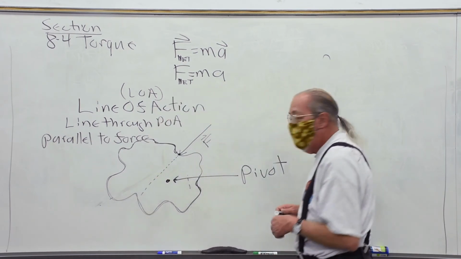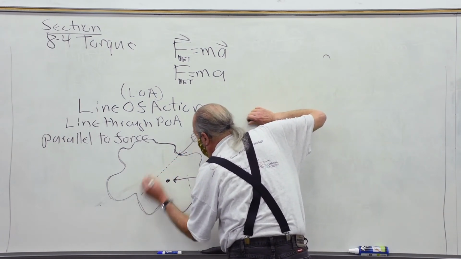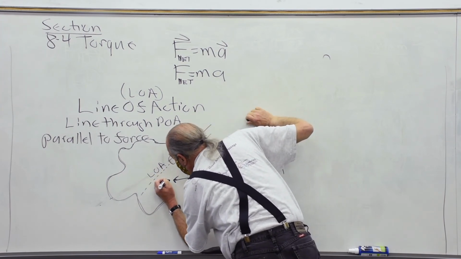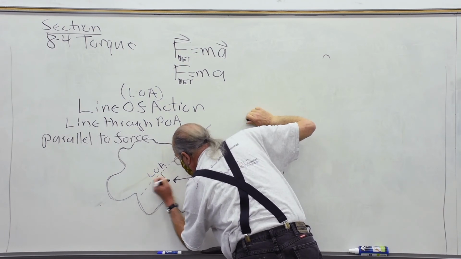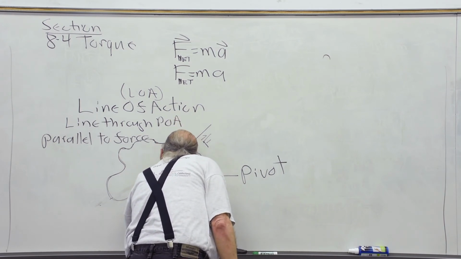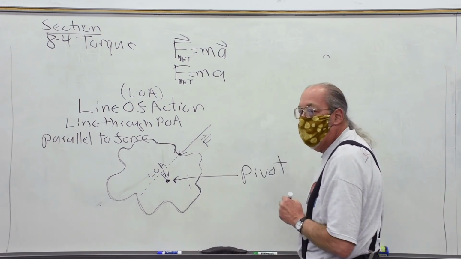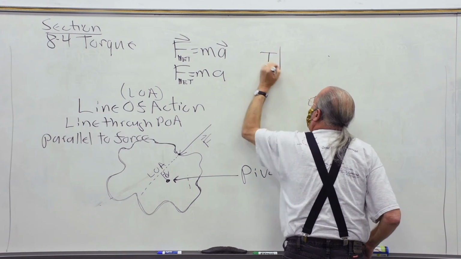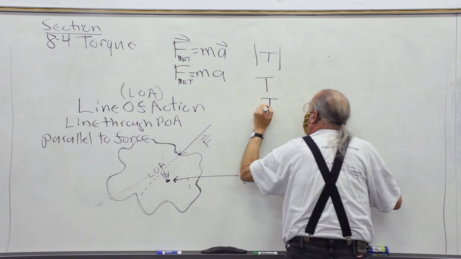It can be all simplified by saying the following. If I draw the line of action and find the perpendicular distance from the line of action to the pivot, and we call that perpendicular distance D. The magnitude of the torque, and this is a tau. This is a T. A tau has a curly hat.